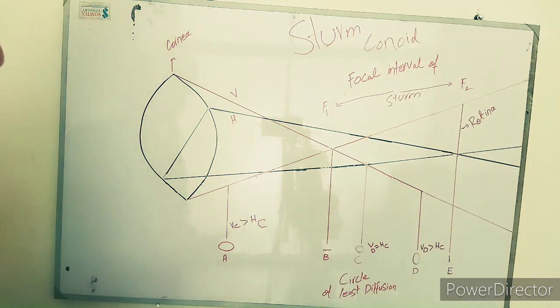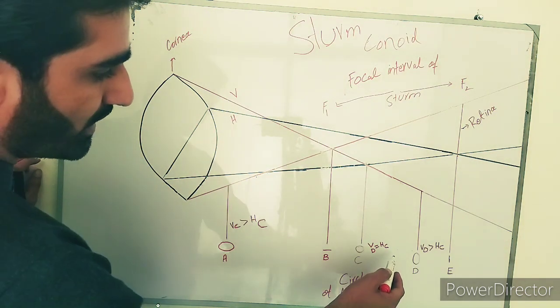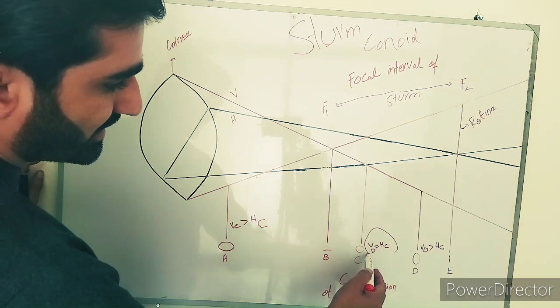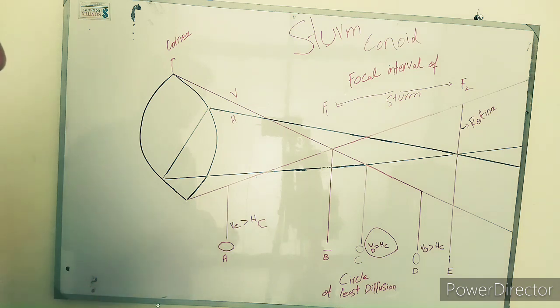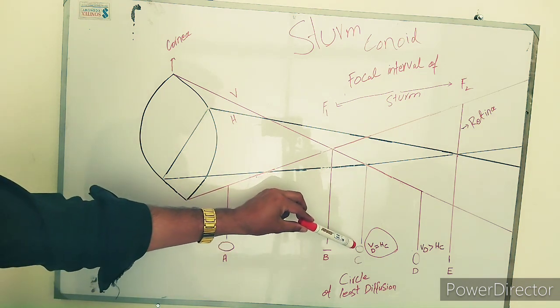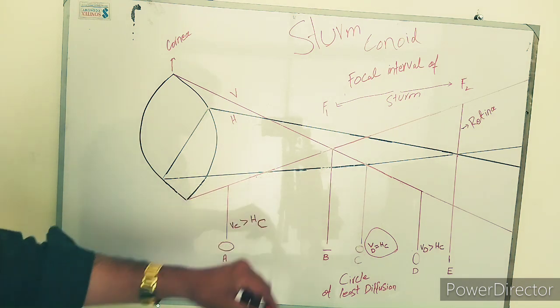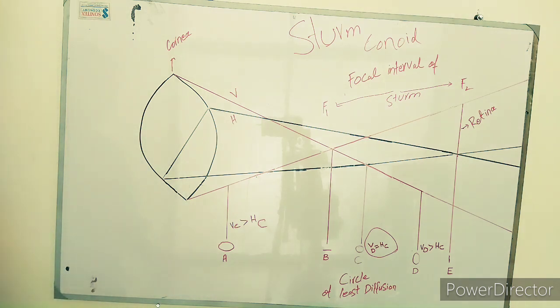Here we can say the amount of vertical divergence is exactly equal to the amount of horizontal convergence. Therefore, the image formed at this point will be a circle, and this circle is called the circle of least diffusion.